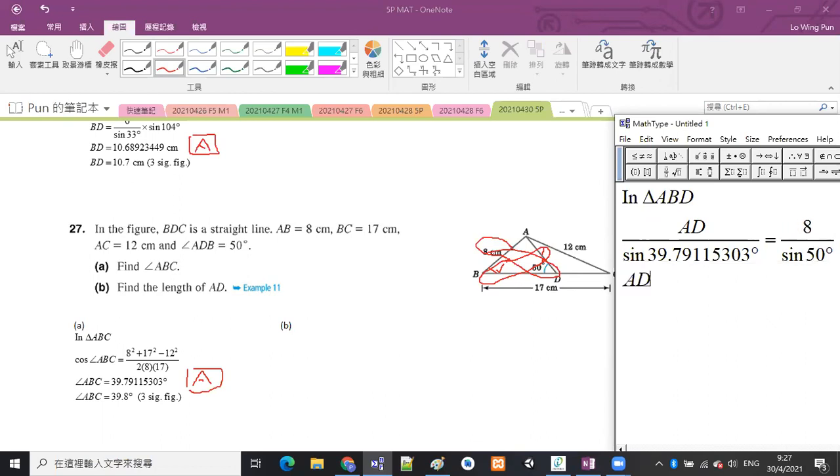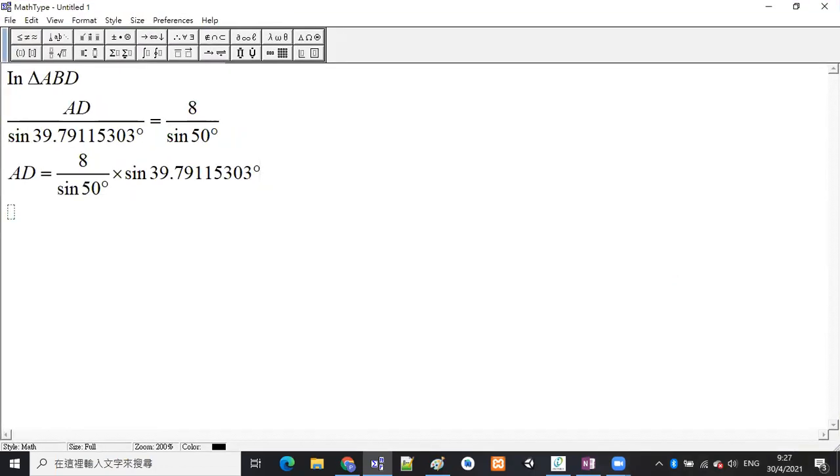Okay, so AD will be calculated by 8 over sine 50 degrees times sine 39.79115303 degrees. Okay, and finally, just use the calculator. It's 8 divided by sine 50, enter, and then multiply by sine memory A. And you'll find that it should be 6.68 something.